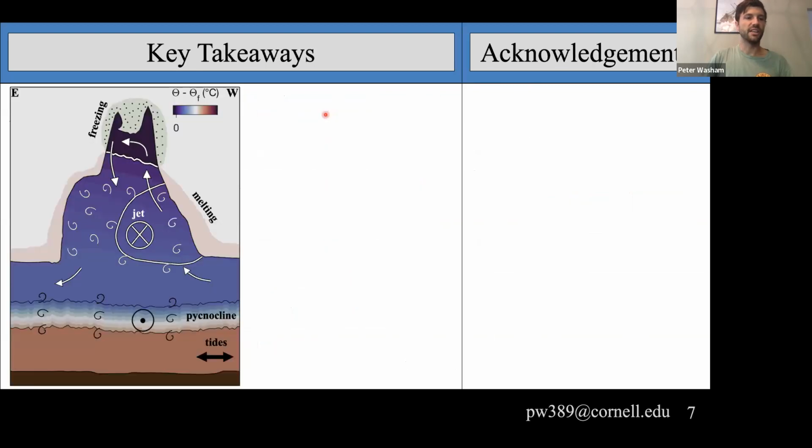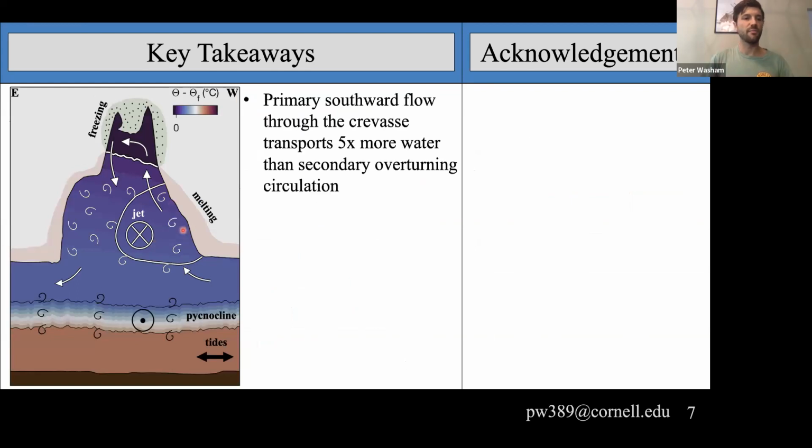And so some key takeaways are shown in the schematic right here. You have this jet that's flowing through the crevasse at the time of sampling. We know that the morphological features in the ice wall next to it are orthogonal to that flow, which is cool. And we know that the width of this crevasse is too narrow for rotation to play a role on the circulation within it.